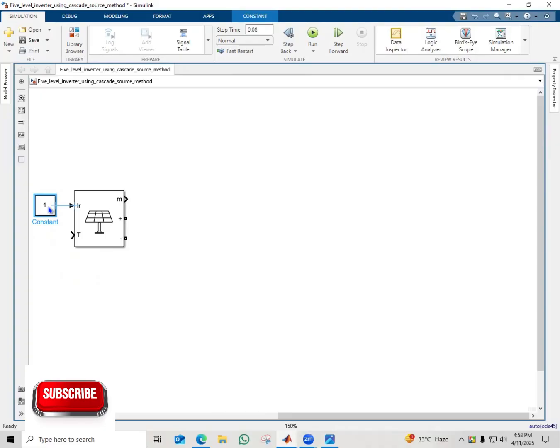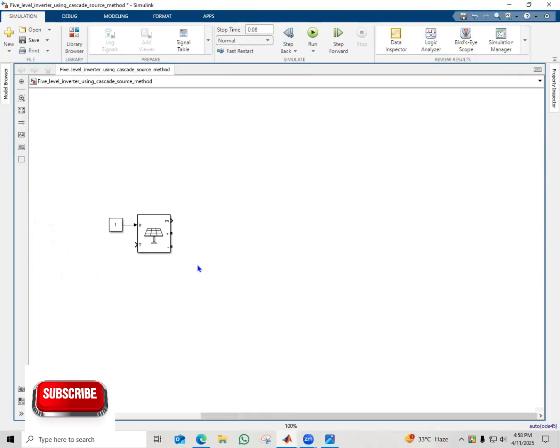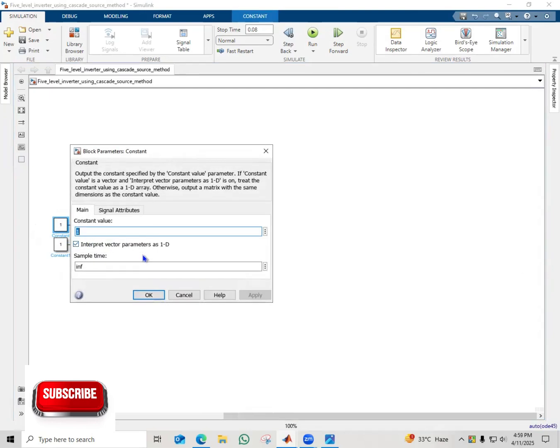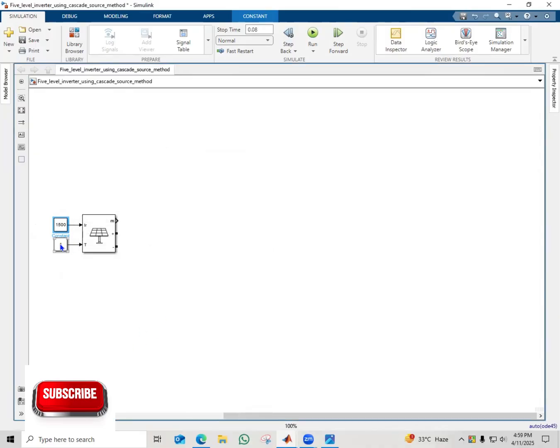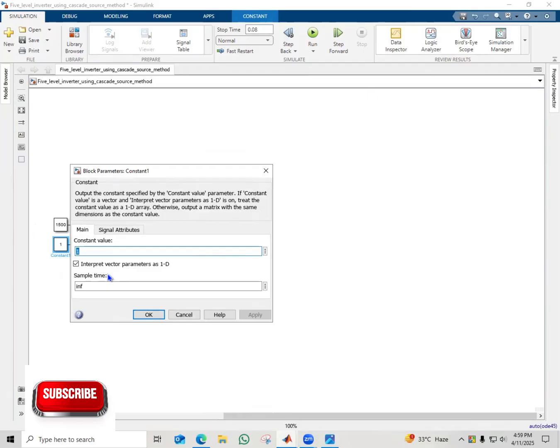So this is the first constant, and here is another constant for the second one. I am setting the value of the first constant, which is the IR value, about 1500, and the temperature is about 20 degrees Celsius.